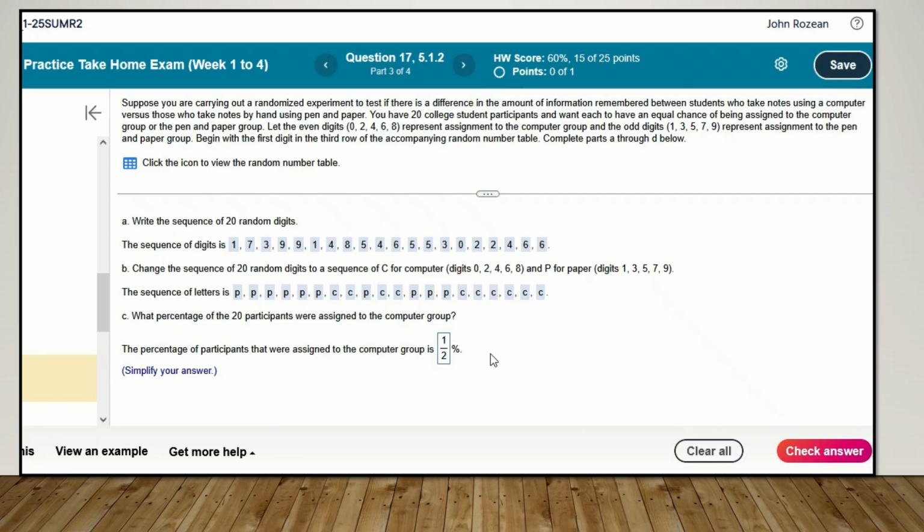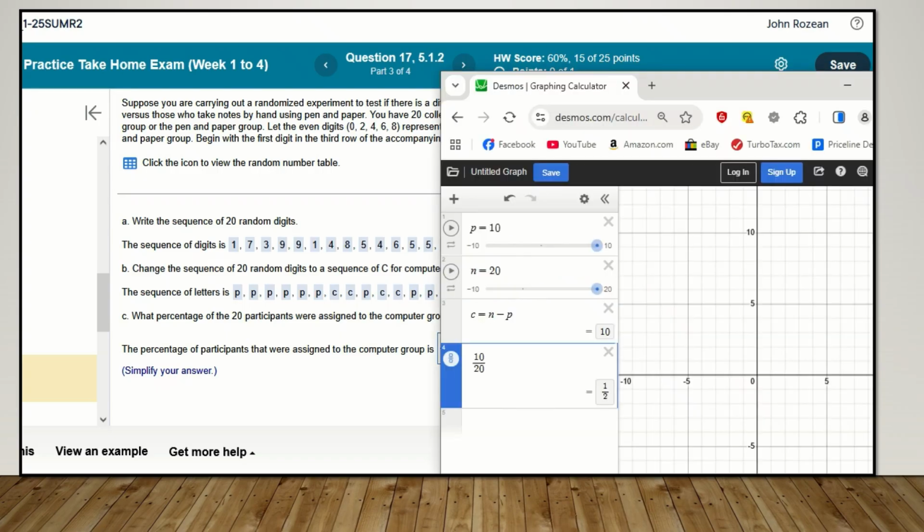Oh. So it's saying I miscounted here. 1, 2, 3, 4, 5, 6, 7, 8, 9, 10. Oh, there we go. 1/2 converts to a percentage here, right?